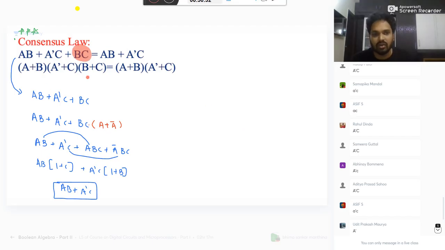If you have variable, its complement, remaining part product will be neglected. Whatever the leftover, its product is here, that you can neglect when you write the consensus law.